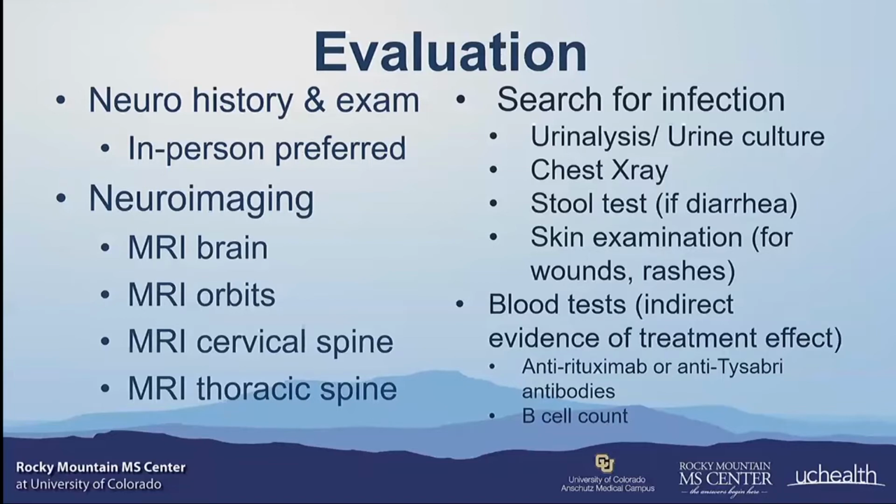So for instance, if a person is on an anti-B cell treatment, you could look at their B cell counts and then from there surmise if they have B cells where you wouldn't have expected them to, because they had recently gotten, for instance, their treatment, and you would have expected that the treatment would have depleted those B cells, but they're in fact still there.